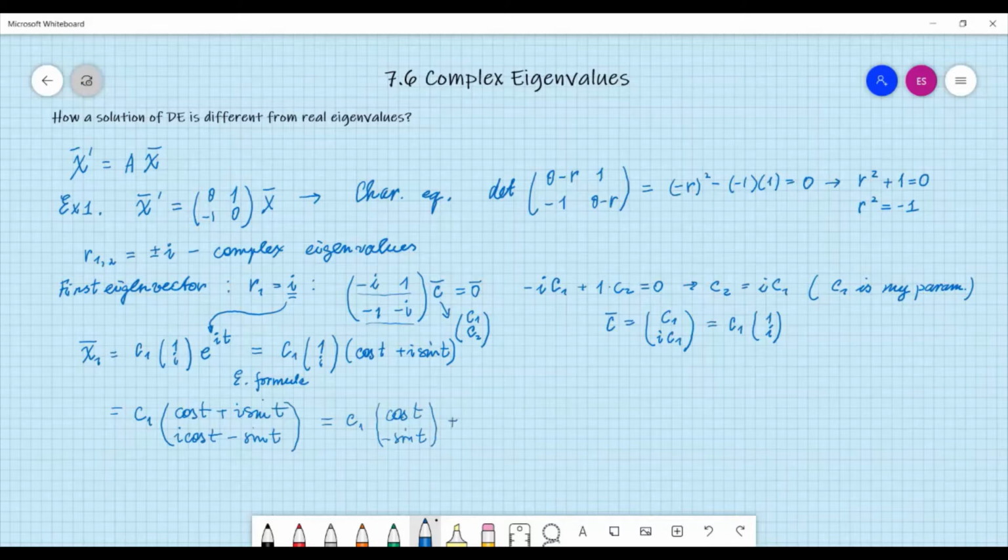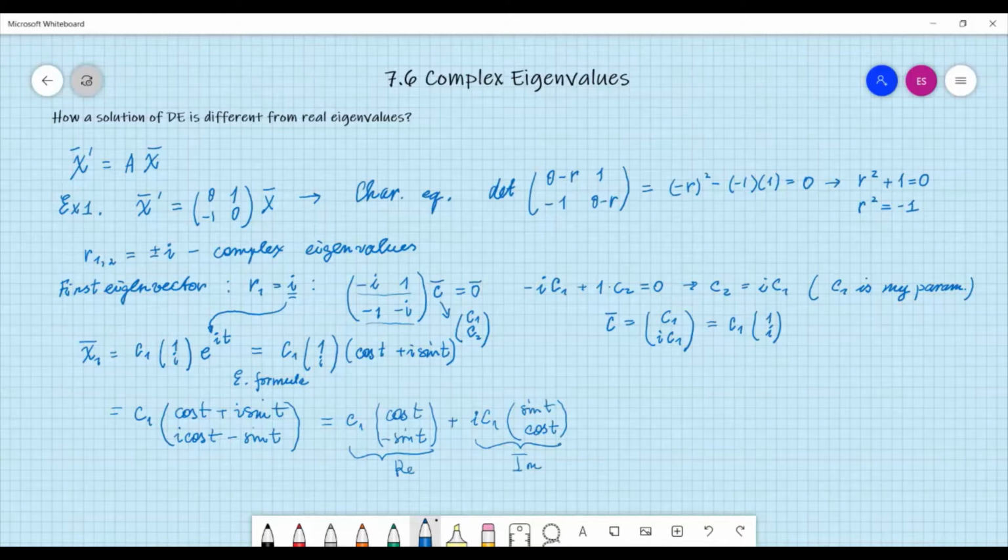And the imaginary part is going to be i, right? i from here and i from here, and then C1, and that's going to be sine of t and cosine of t. Right. Why am I doing this? Let me first label them. So this is the real part of my complex solution, and this is the imaginary part.